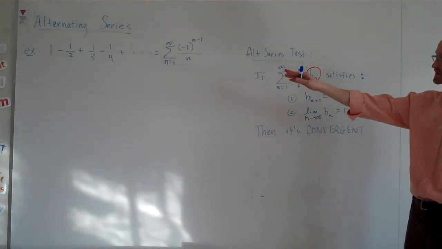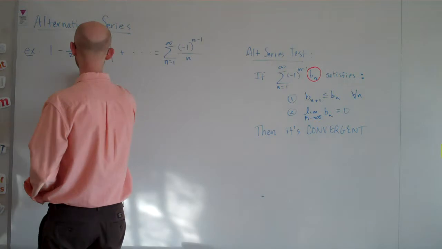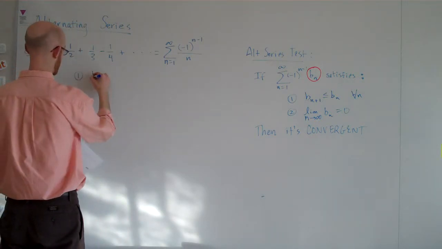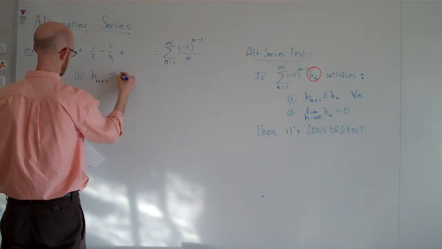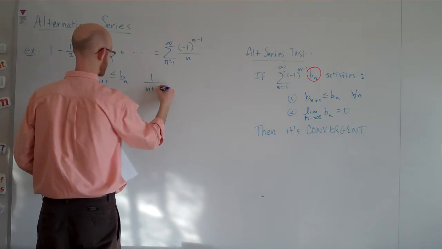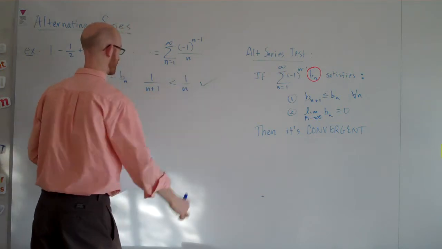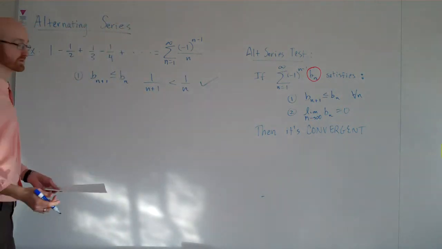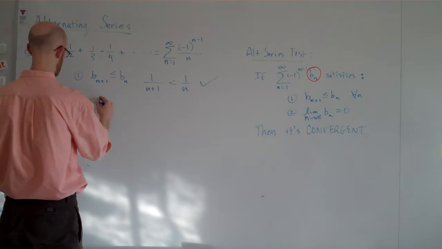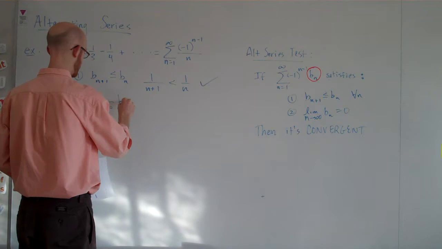Okay, let's get back to that harmonic one and apply this test. We check condition number 1. Is this true? Well, 1 over n plus 1 is less than 1 over n. Yep, bigger denominator, smaller. Condition number 2, take the limit as n approaches infinity of the b sub n's.